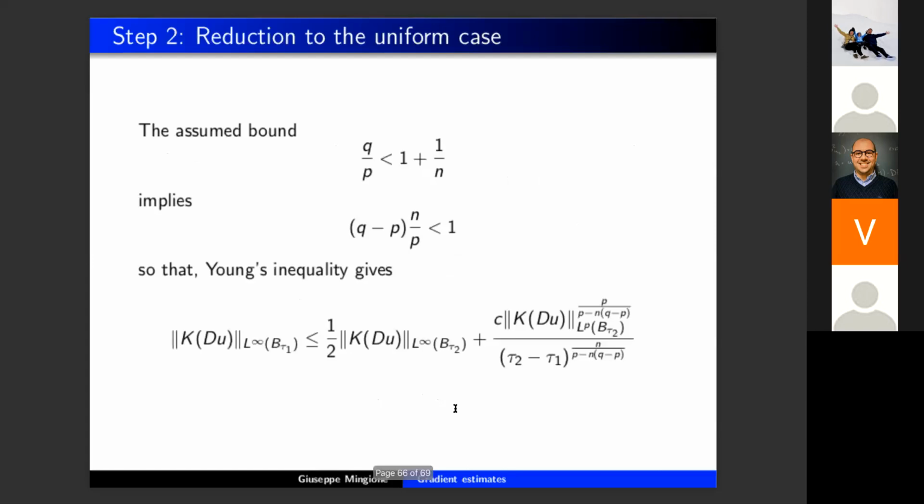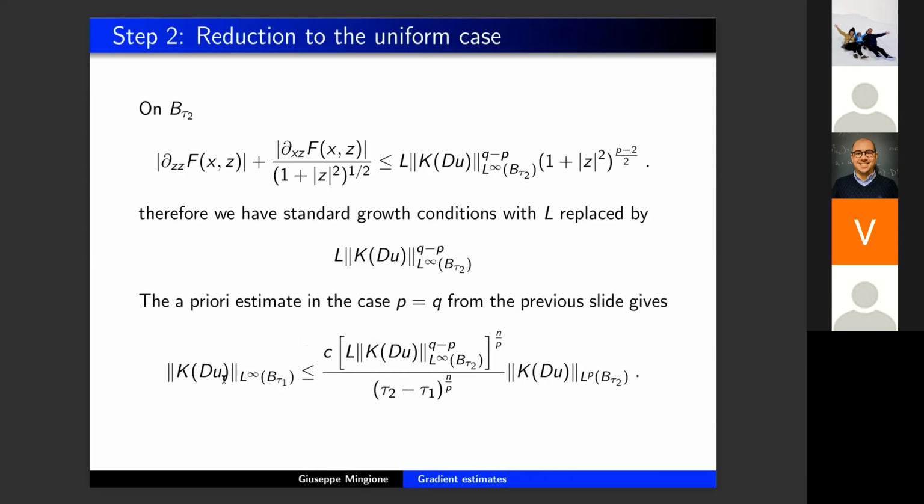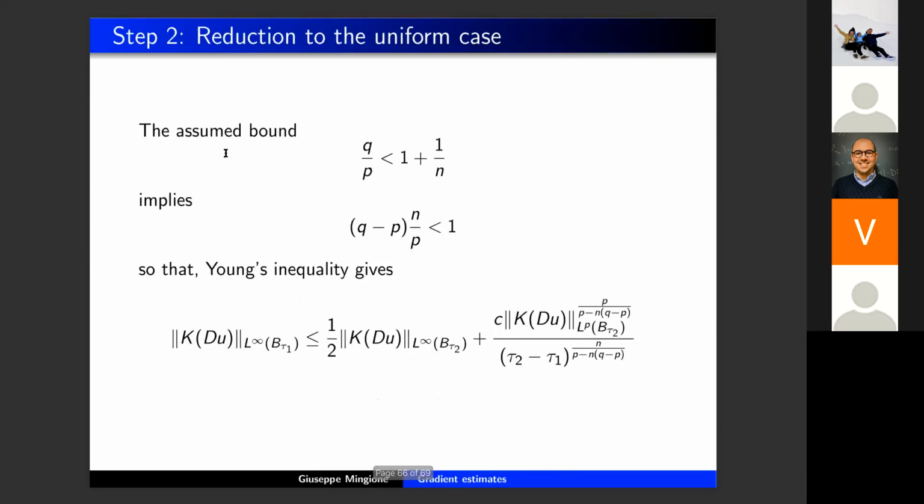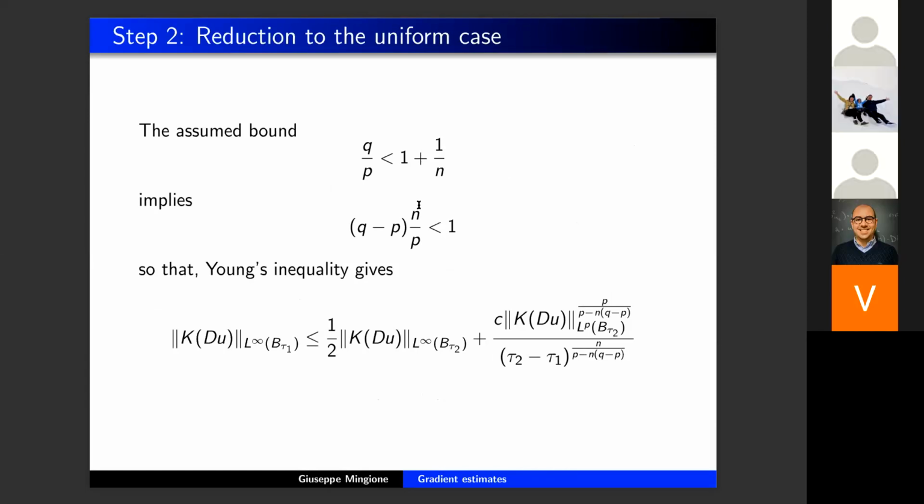So I didn't do anything but apply the uniformly elliptic estimate, making this trivial observation. But now I observe that I have the L infinity norm of the gradient here, with a different exponent. I now prescribe that this exponent is less than 1, so it can be absorbed. And this is exactly what happens when the optimal bound works. So I can apply Young's inequality, and this holds for any couple of concentric balls, B1, B2.